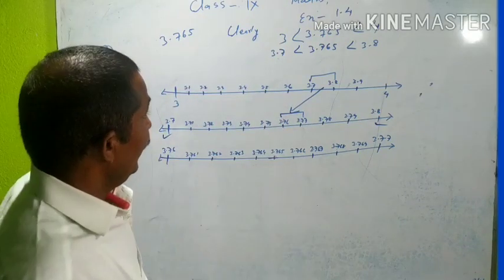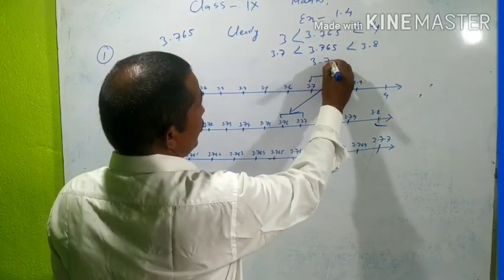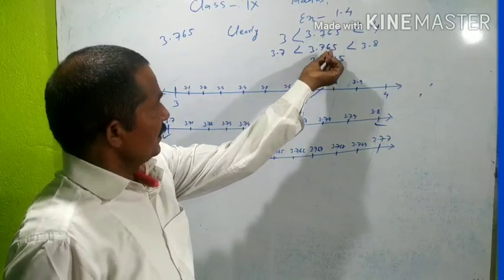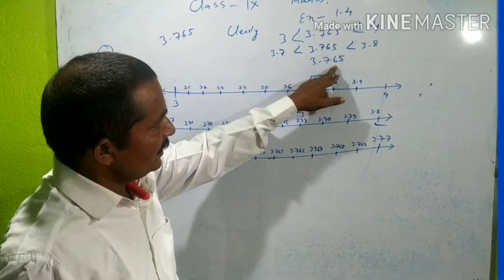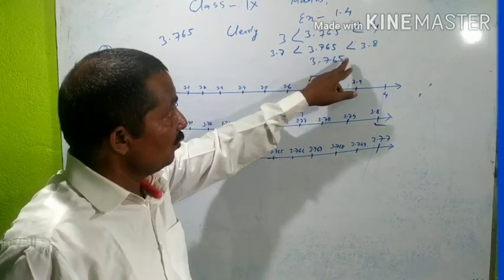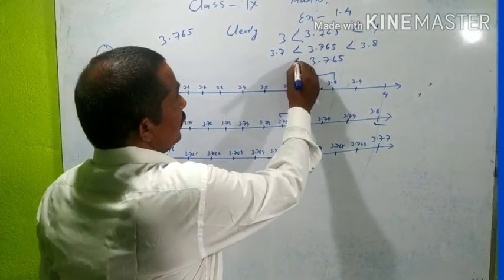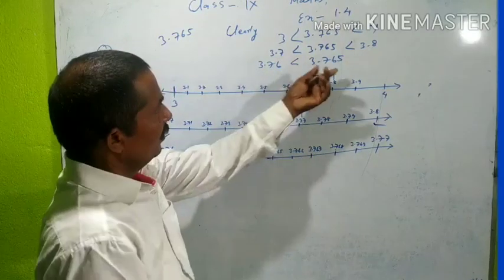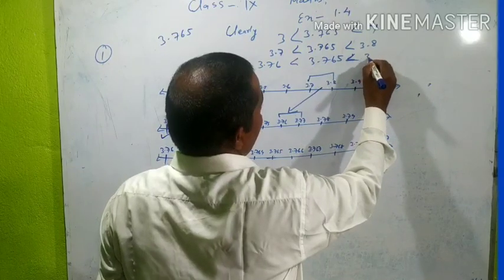Now look here. For this number 3.765, you take 2 decimal places. That means 3.76. After 6, one more digit follows. It is clear it is more than 3.76 but less than 3.77.